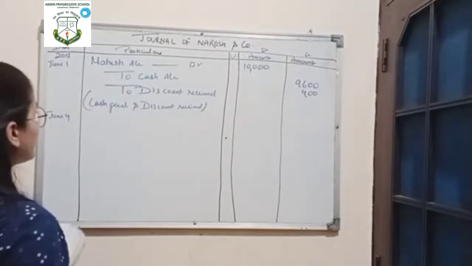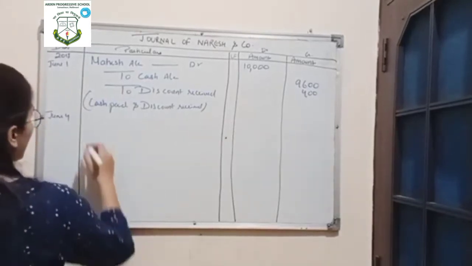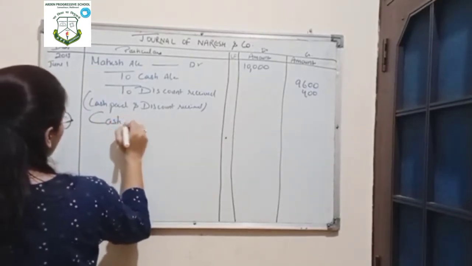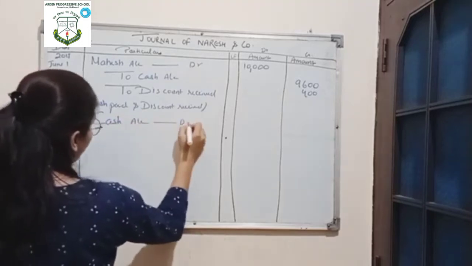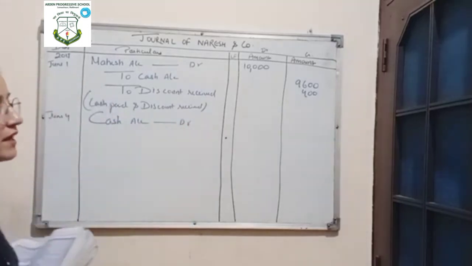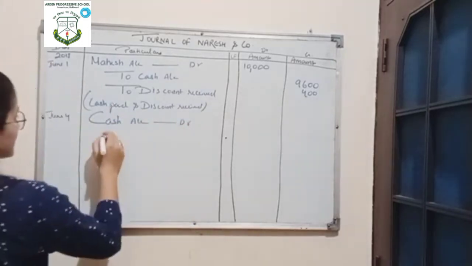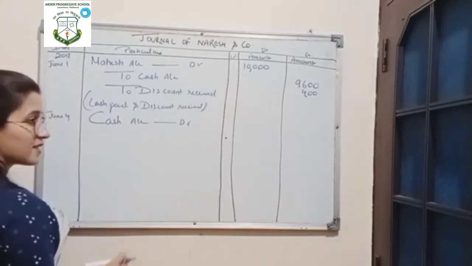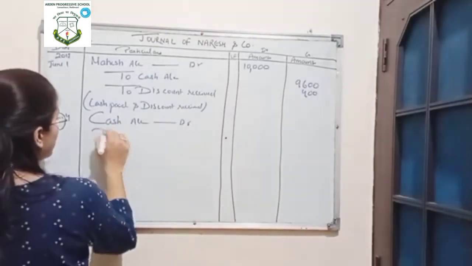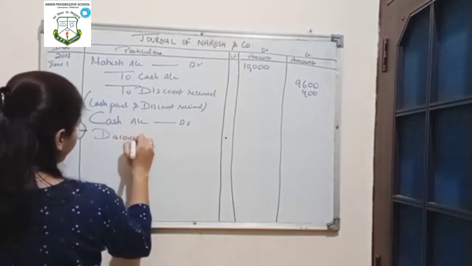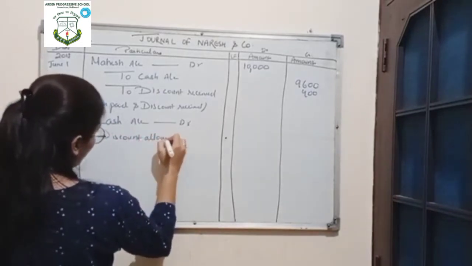So here we will write, as we are receiving cash, cash is coming in the business. So cash account will be debited. Discount is being allowed. So here discount allowed is treated as expense. Expenses are always debited according to the nominal account rule.